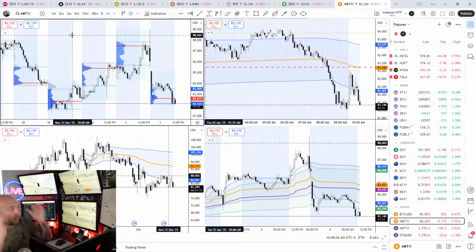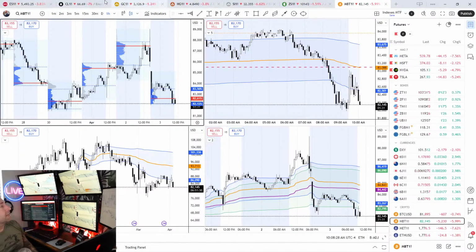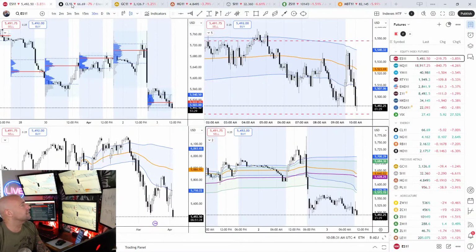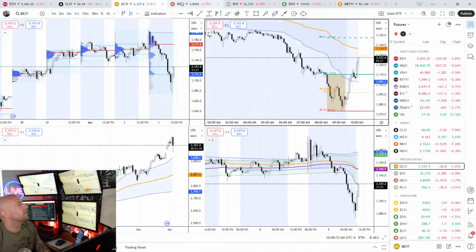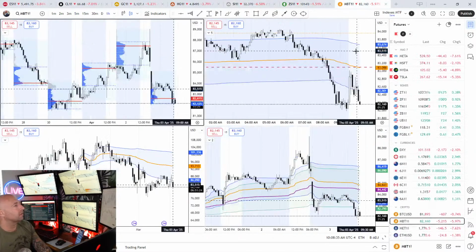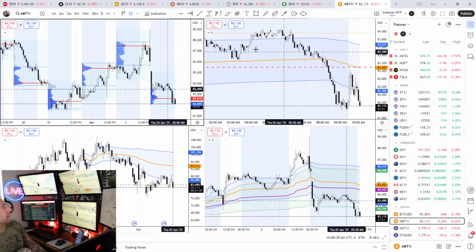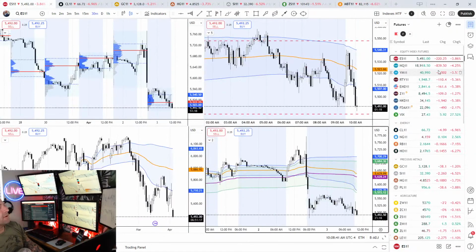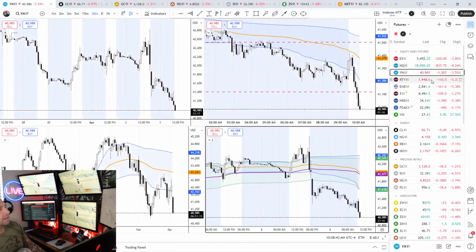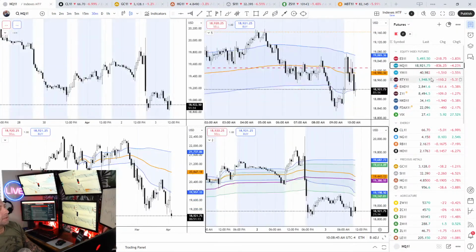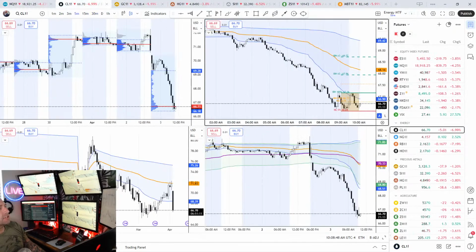All right, so these are the tabs I'll keep open at the top. I have indexes, energy, gold, copper, silver, agriculture, Bitcoin. So when I want to look at the indexes, I'll just go to the indexes tab. And if I want to look at a different market, I'll just click on it over here. I don't need a tab for each one. Same thing with energy.